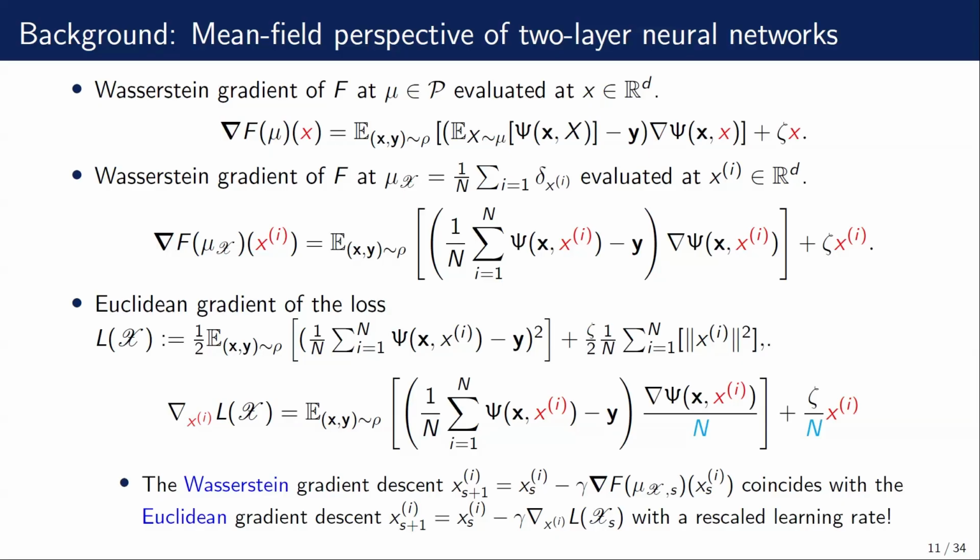But then we come back to consider the optimization problem when your distribution is quantized with n particles. And then we realize that this gradient is precisely the same as the Euclidean gradient of the original finite width neural network. So this means that if we study the dynamics of Wasserstein gradient with empirical distributions, it is exactly the same dynamics as doing standard gradient descent in Euclidean space, up to a rescaling of your learning rate.